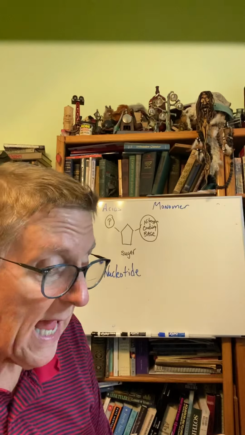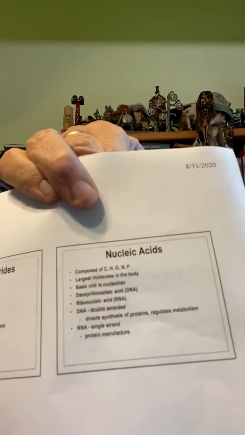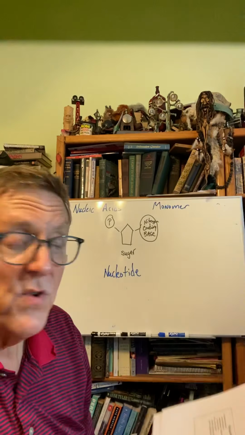So if we look at the slide that says nucleic acids and what it's composed of, a lot of stuff. Carbon, hydrogen, oxygen, yes. Nitrogen and phosphorus.